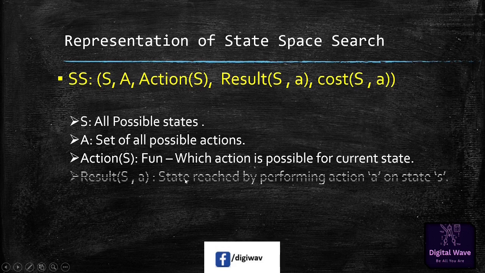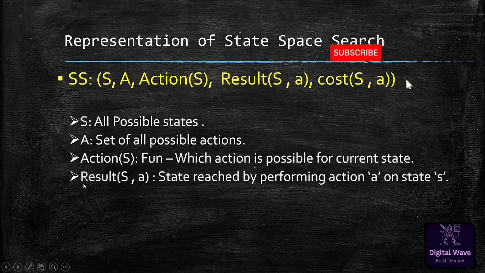After that, Result(S, A). This denotes the state reached by performing action A on state S. Whatever action you apply on this state, and after applying it you get the result state, that result state is denoted by Result(S, A).